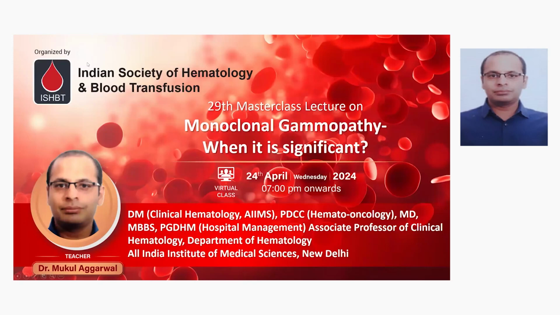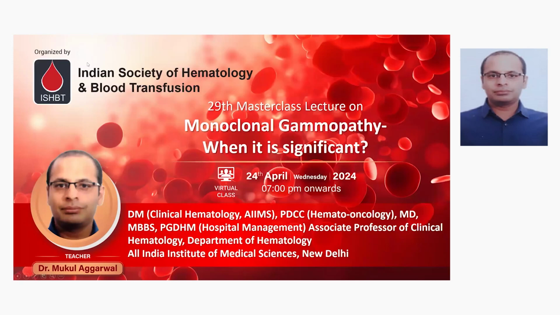Can you say something about light chain MGUS? Many times the FLC ratio will be increased, but the individual lambda or kappa is not more than 100. Would we still call it light chain MGUS? Okay, so this is tricky. Yes, these are to be interpreted very cautiously.